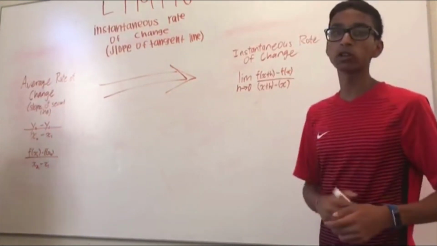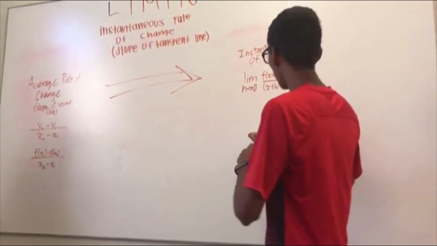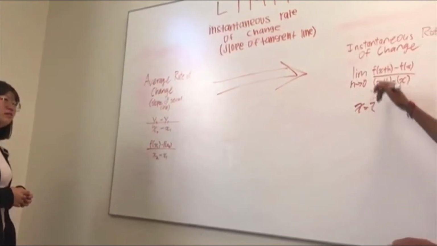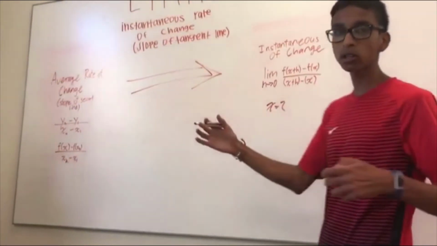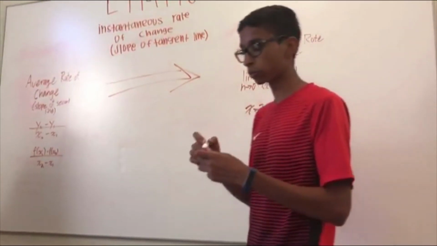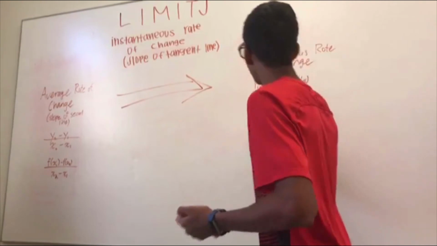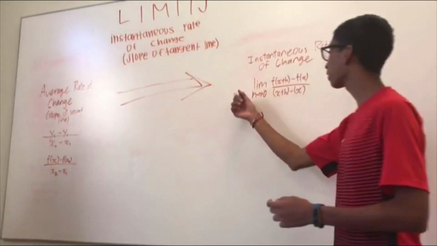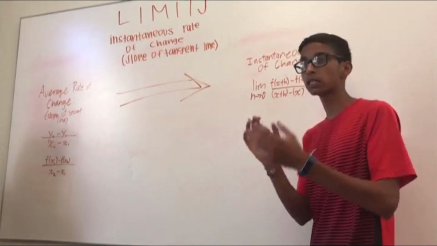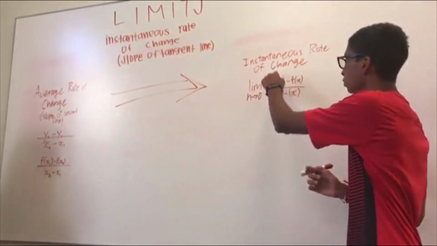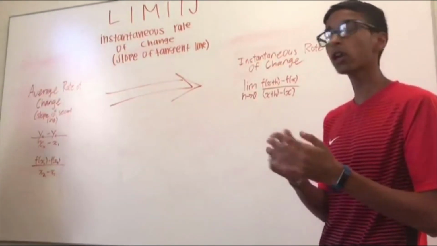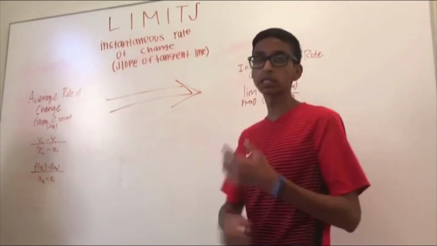So, for example, if x is equal to 2 and we're trying to find the instantaneous rate of change at x equals 2, h could be any number, and that's just the distance from x equals 2. With the limit involved, we can see that as h approaches 0, the distance between the two points gets closer and closer to each other, and we will find an instantaneous rate of change.